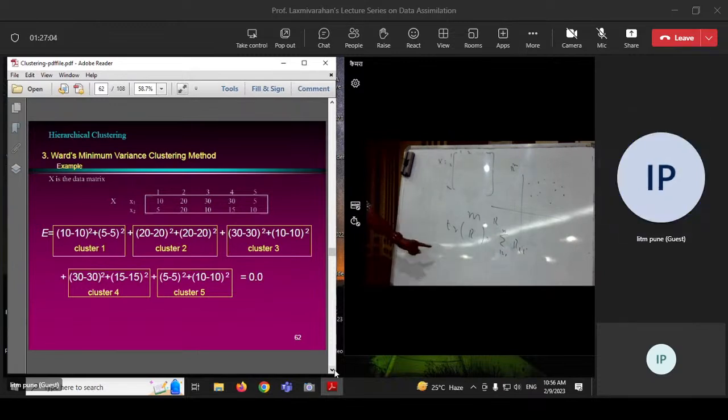Everybody please? The sum of the diagonal elements. Every diagonal element in the covariance matrix is a variance. The sum of the variance is called the total variance. So given a set of distribution of n objects, the total variance is fixed.